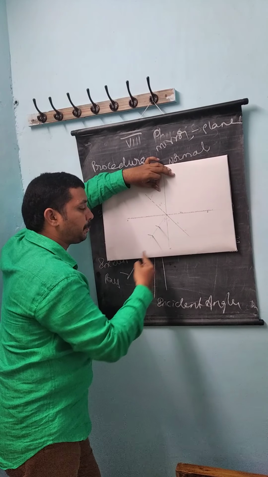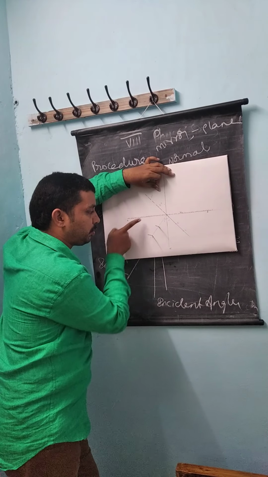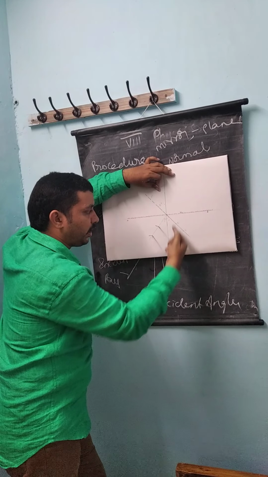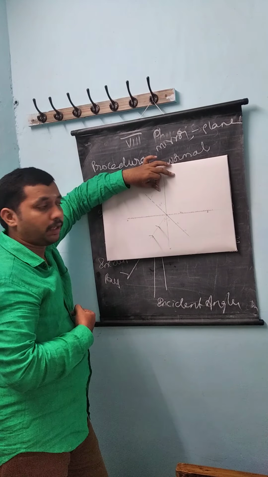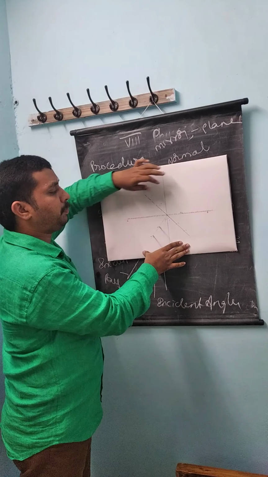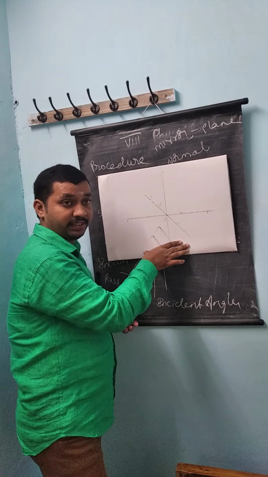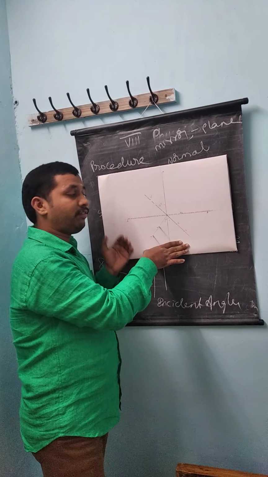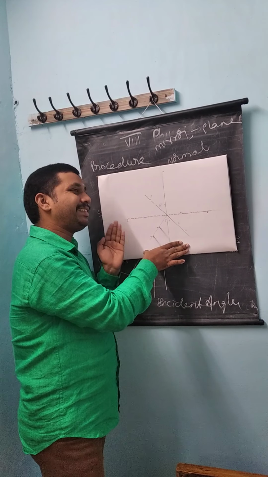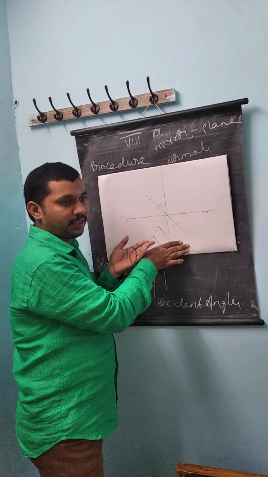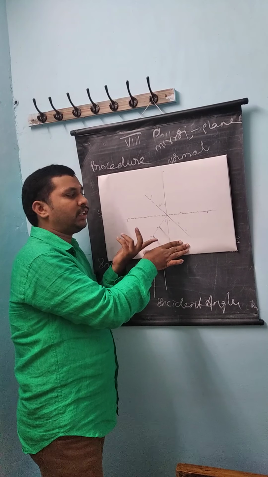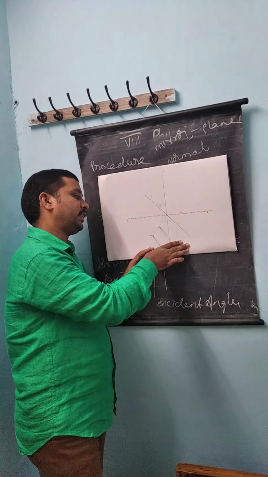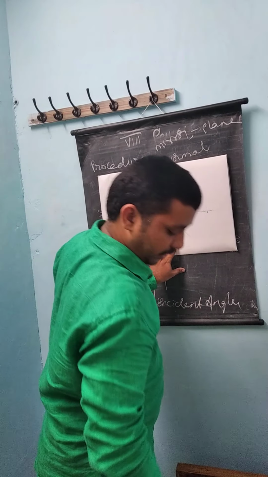These pins or toothpicks must be perpendicular to the incident ray. Now, we place a mirror on the surface. When we place the mirror, inside the mirror we will be able to observe the images of the pins placed on the line PQ.